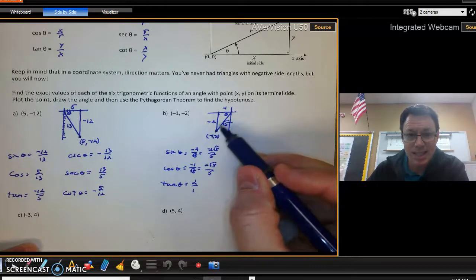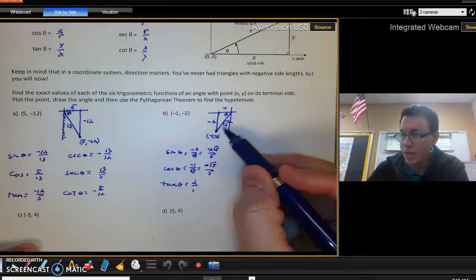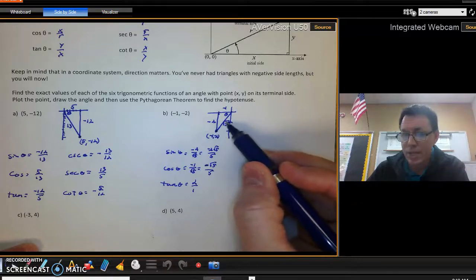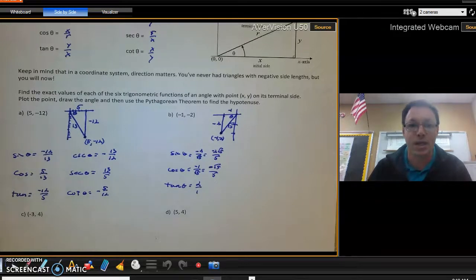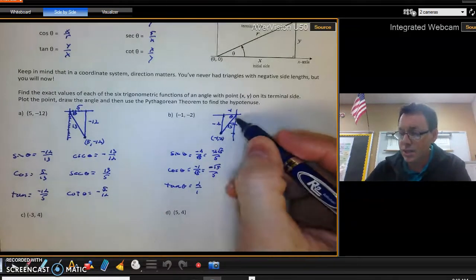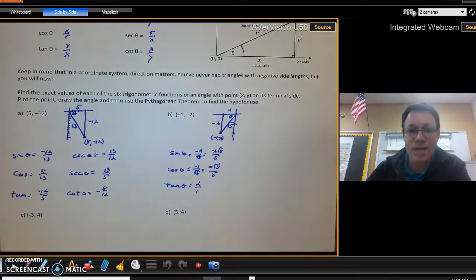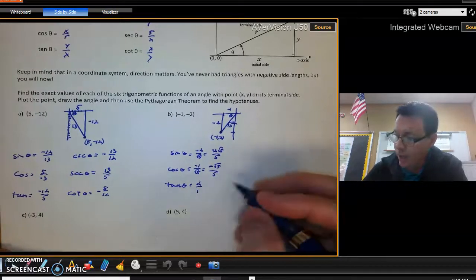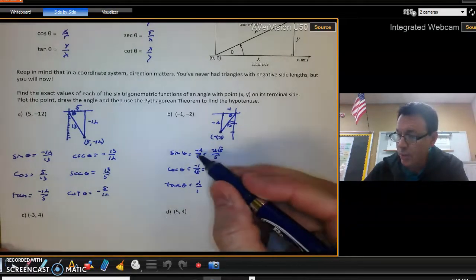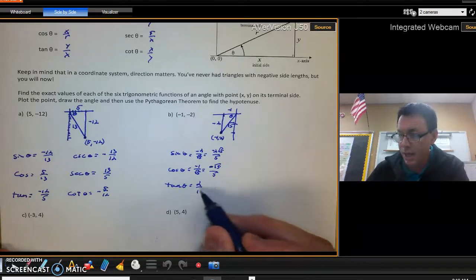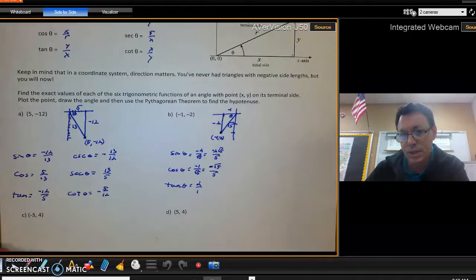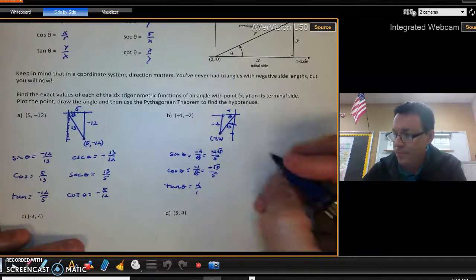That is the length from the origin out to that point. You will never, ever, ever have a negative here. It's only x's and y's that have direction where they could be negative. Think of this as the radius of a circle. You wouldn't have a negative radius. But notice what happened. The sine and the cosine were both negative. The tangent is actually positive because those two negatives canceled out.